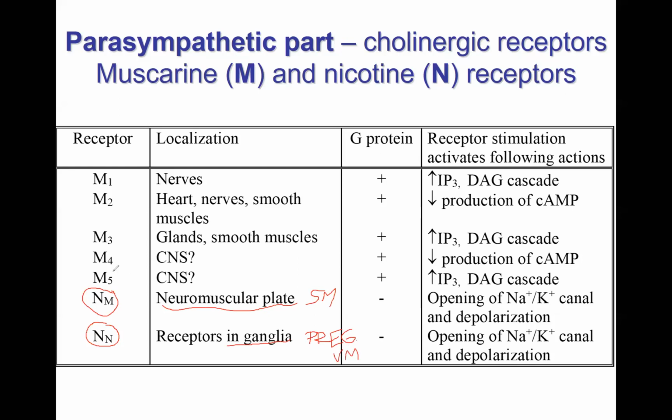So this is the nicotine receptor, and then the muscarine receptor. There are more of them, but it is not necessary to know these numbers in detail. You just should know that it's in nerves, heart, smooth muscles, and glands.